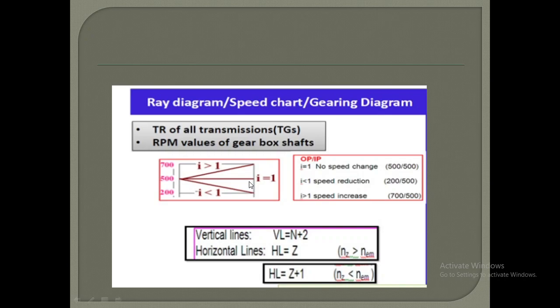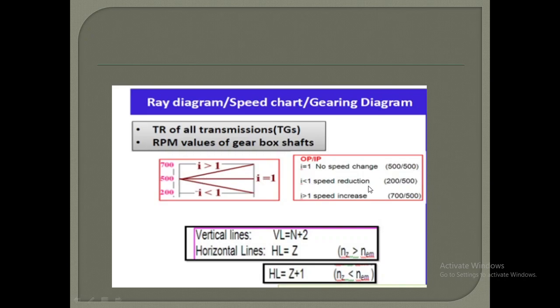If I is less than 1, then what happens there? Speed is reduced. I less than 1 means speed is reduced, and I greater than 1 means the speed is increased. Here we have shown, see, I equal to 1 means 500 divided by 500.